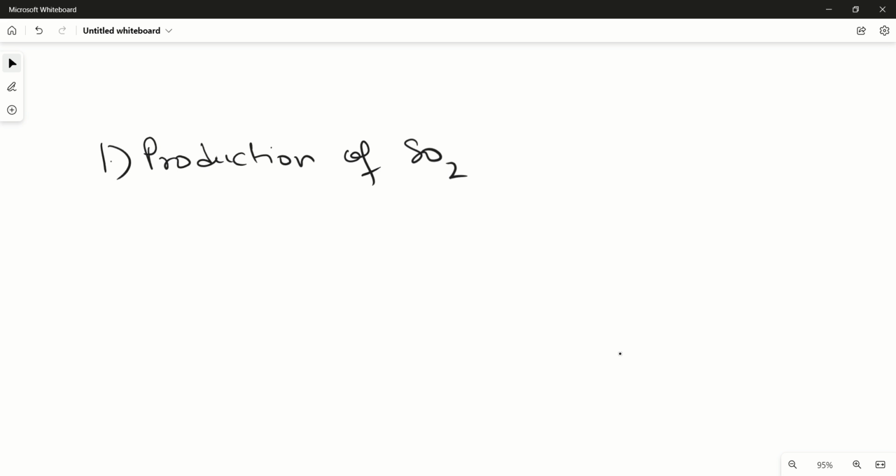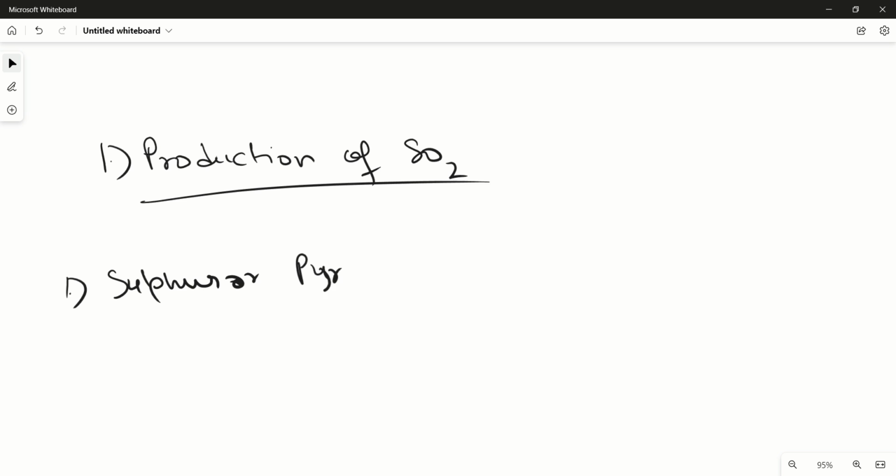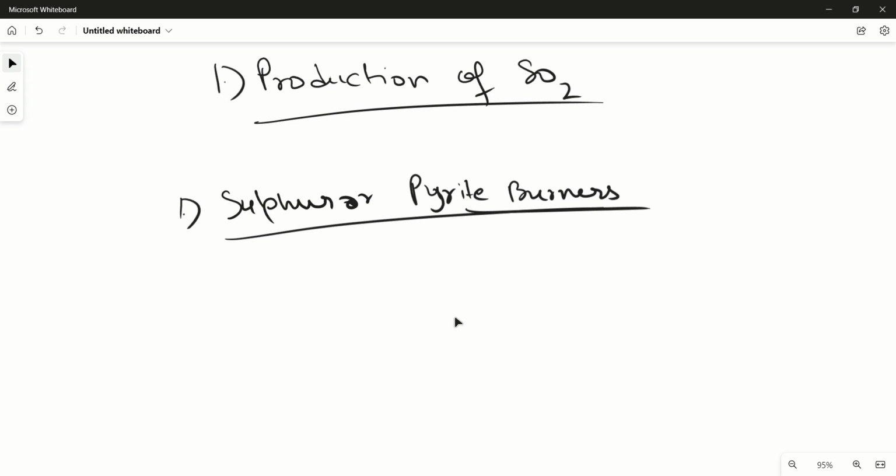When we produce SO2, we use sulfur or pyrite burners. What we do is we burn sulfur or iron pyrite.